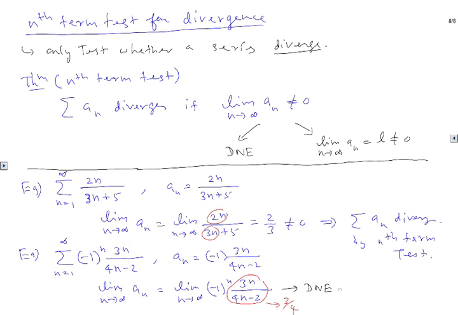If you plot those values for larger n, they jump between 3/4 and negative 3/4. So the limit does not exist.